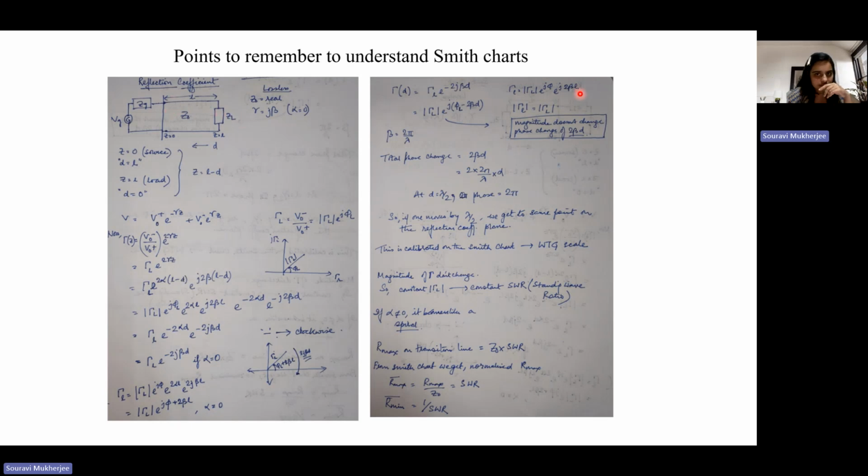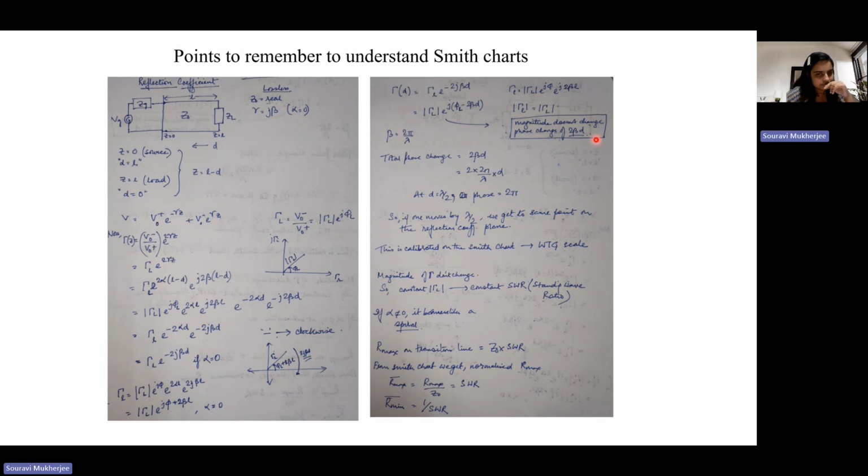Okay, so that is also there. That is already taken into account. Okay, so as a function of d, which is distance from the load, this is how your reflection coefficient will look like.